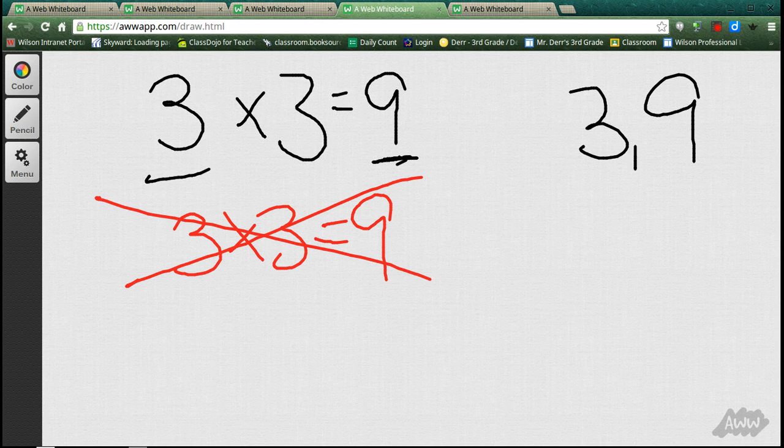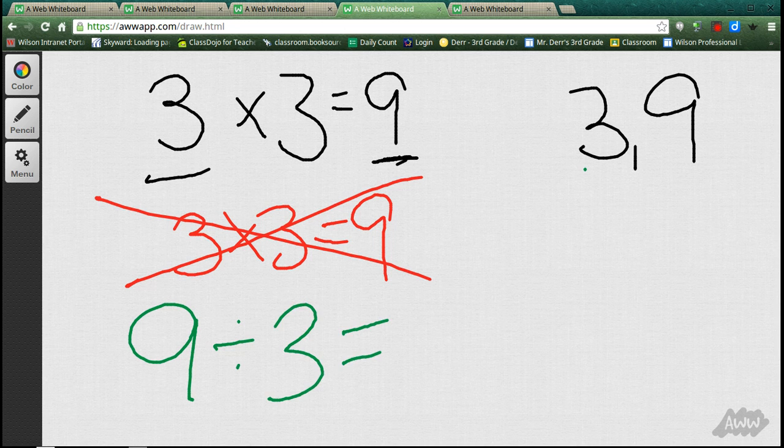What would be your division problem? Well, we would start with 9 divided by my 3, and I would get 3. I don't have to write 9 divided by 3 equals 3 a second time. It's the same exact problem in the same exact order. My quotients would be the same, my divisors are the same, and my dividends would be the same.